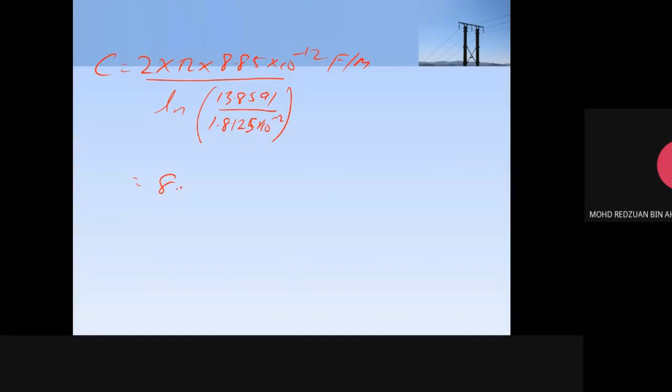8.3752 times 10 minus 12 farad per meter. So C per 1 kilometer. Why do we usually ask for 1 kilometer? Usually in the data sheet from the manufacturer, they will give resistance per kilometer. Capacitance we have to calculate depending on our configuration.